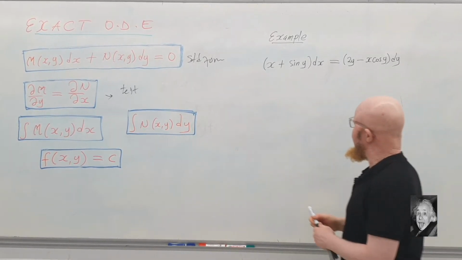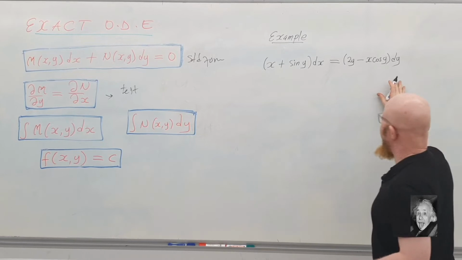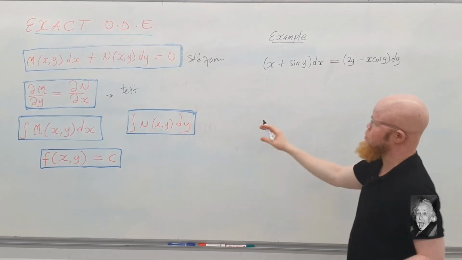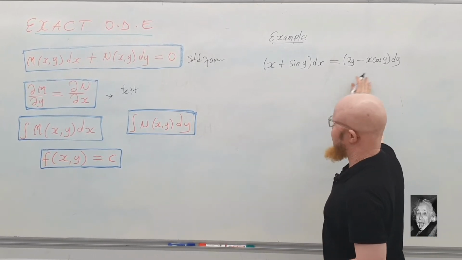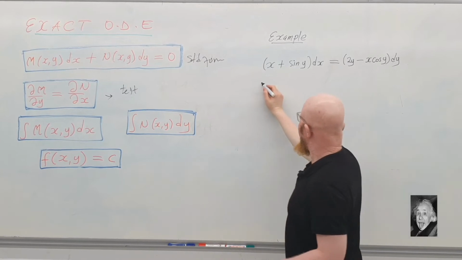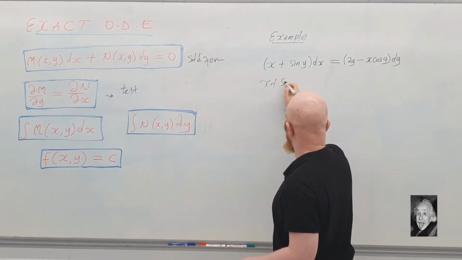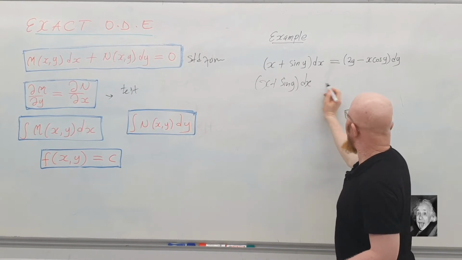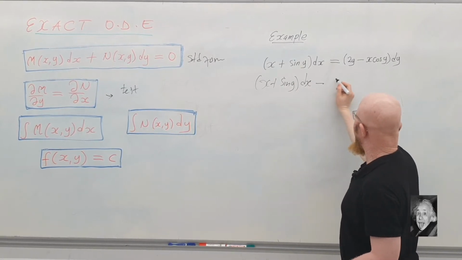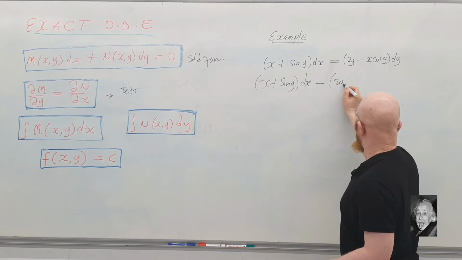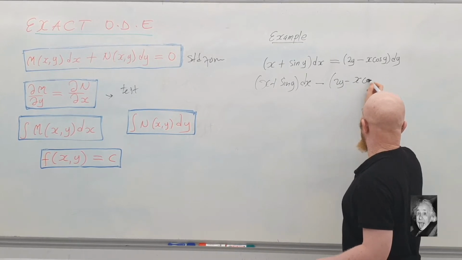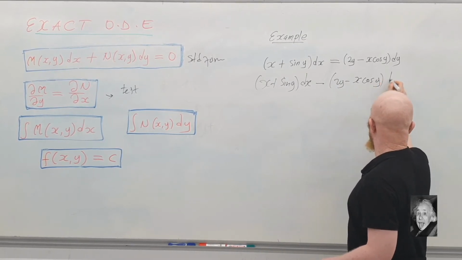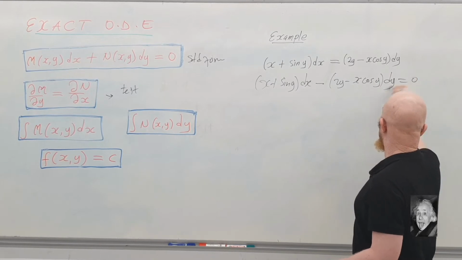Let's see. I can take this to this side so that I can have 0 here. So I'll have (x plus sine y) dx minus (2y minus x cos y) dy is equal to 0.